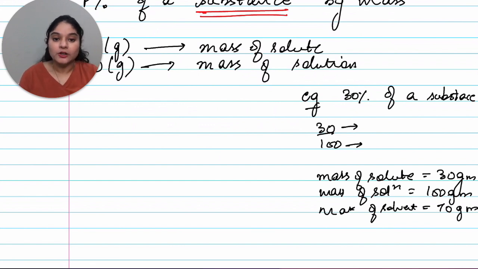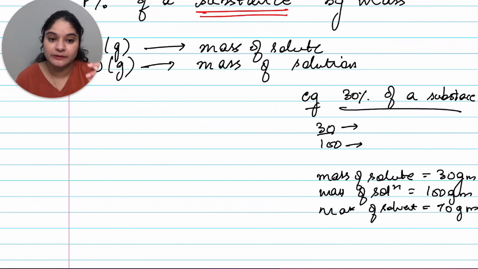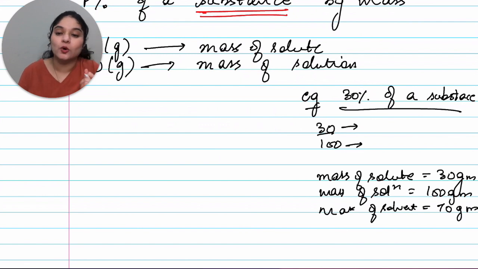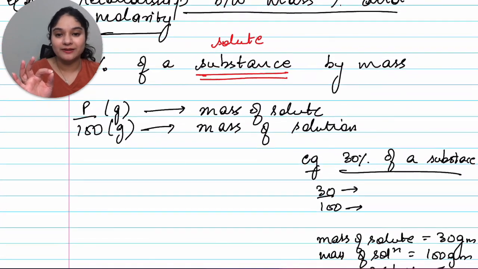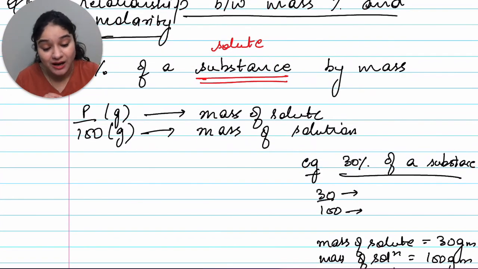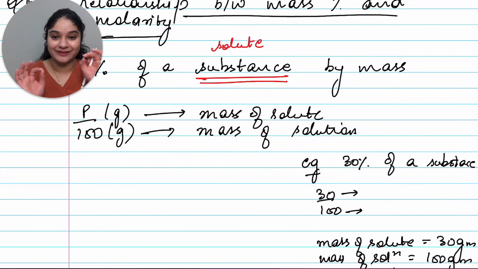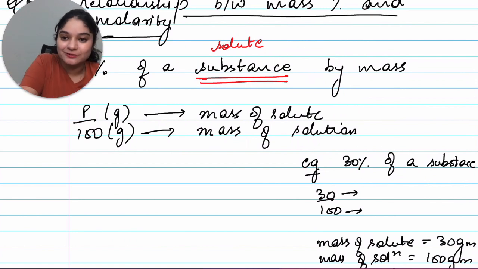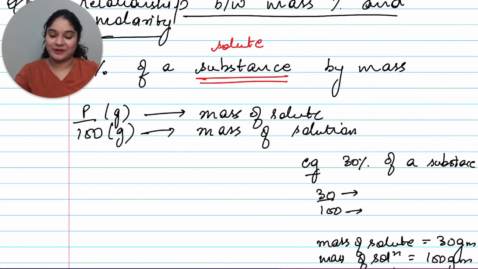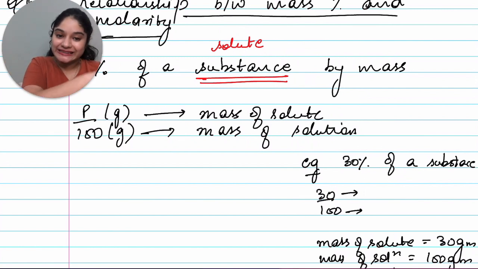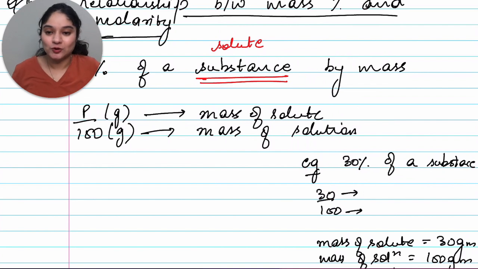That is correct. So when you read the statement 30% of a substance, you already have so much information about that particular substance. But please, 30% of a substance by mass, I'm repeating it. If it is by mass, then this particular concept works. If it is by volume, then I'll teach you what will work. But if it is by mass, this concept is going to work. So just one statement can give you a lot of information. Now let's move on. Now let's talk about molarity.